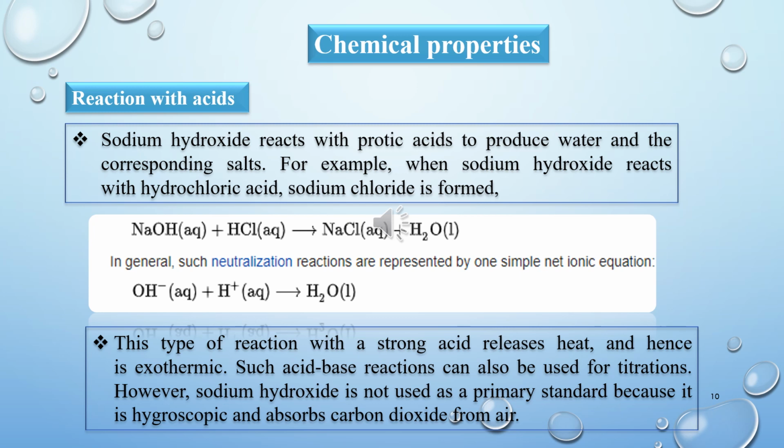Dear students, in the second reaction in the figure, the acid-base or neutralization reaction can generally be represented by a simple equation: the hydroxyl ion from sodium hydroxide and the hydrogen ion from hydrogen chloride react with each other and form water.